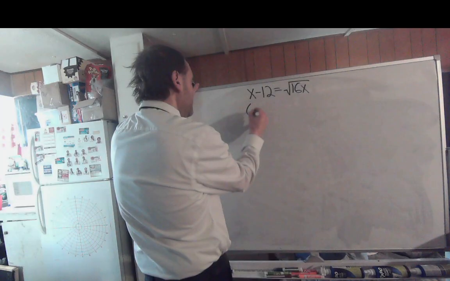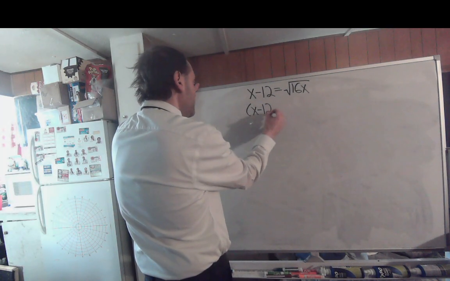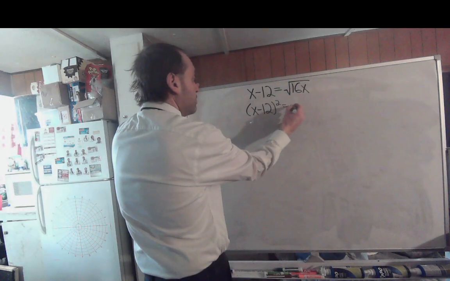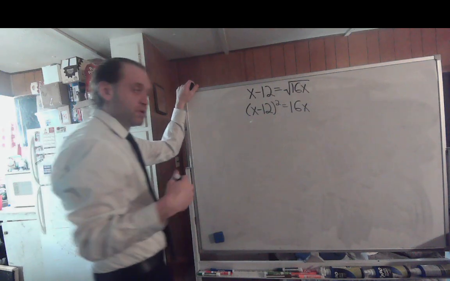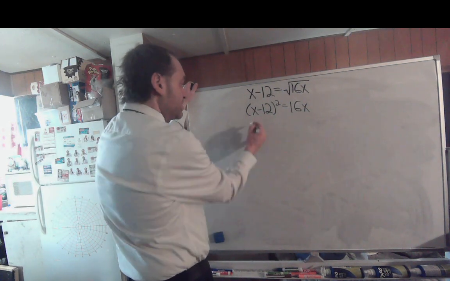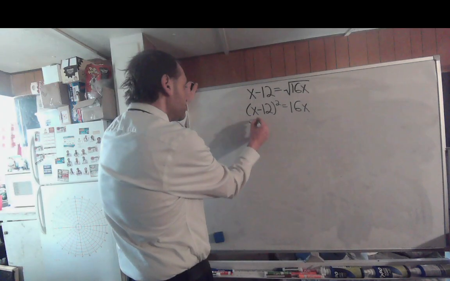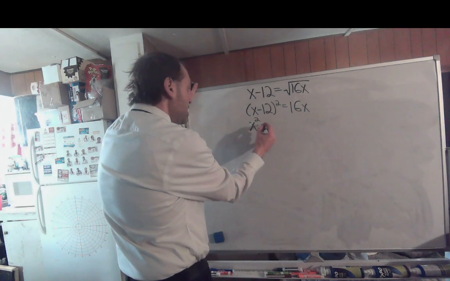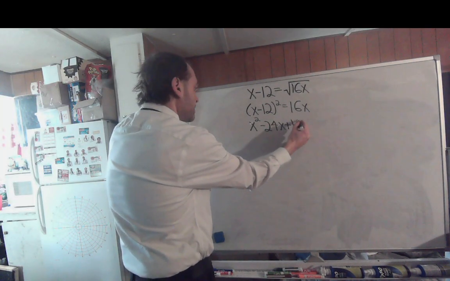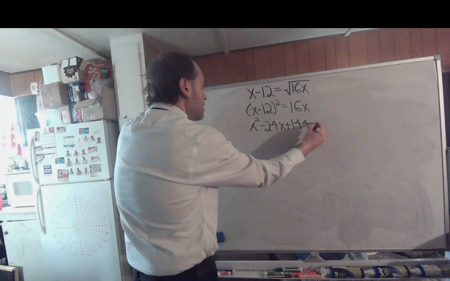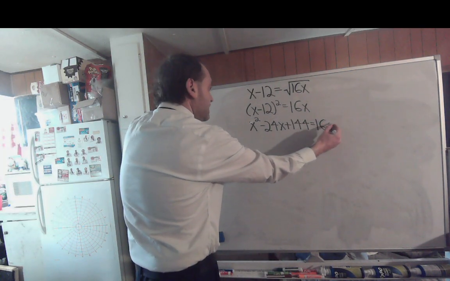So you would end up getting the quantity x minus 12 raised to the second power would equal 16x. If you raise the left side to the second power, this simplifies into x squared minus 24x plus 144 would equal 16x.